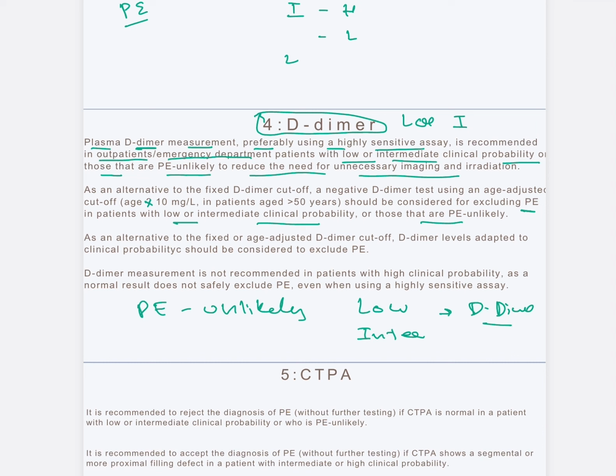A fixed D-dimer cutoff or age-adjusted D-dimer can be used and you can rule out PE.